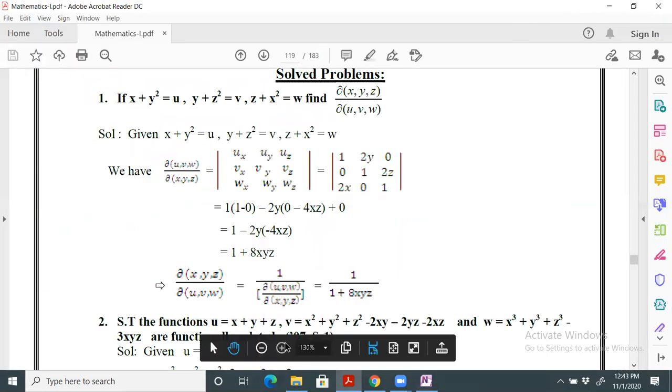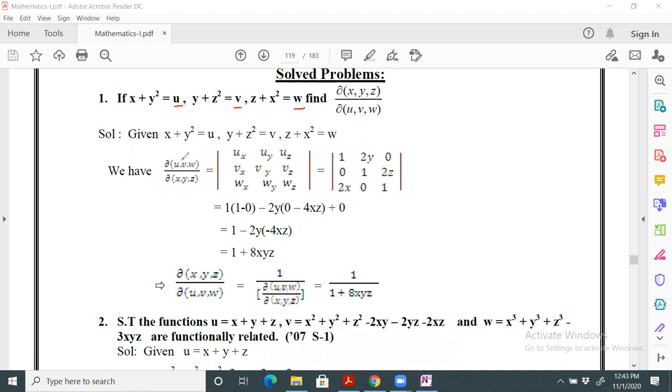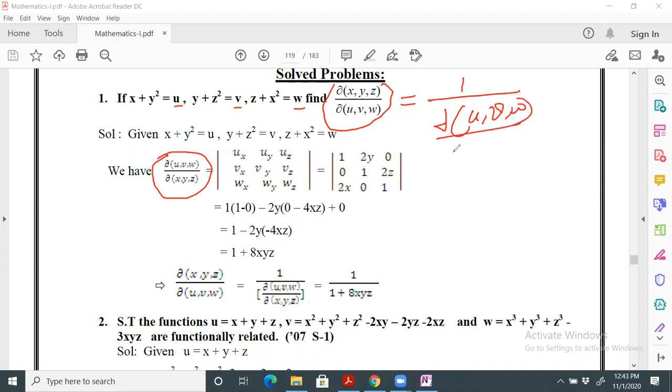If we check this problem, here they are giving u, v, w as functions of x, y, z. So we can find the Jacobian of u, v, w with respect to x, y, z.